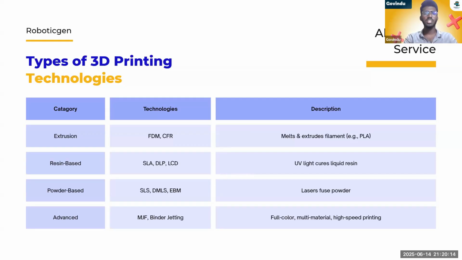So there are so many 3D printing technologies out there. These are the main four categories that you can use to 3D print your design. The first one is extrusion, then resin-based, powder-based, and advanced 3D printing technologies.